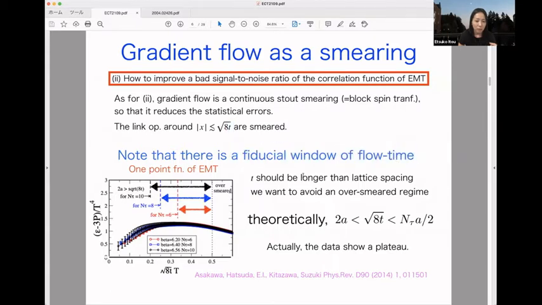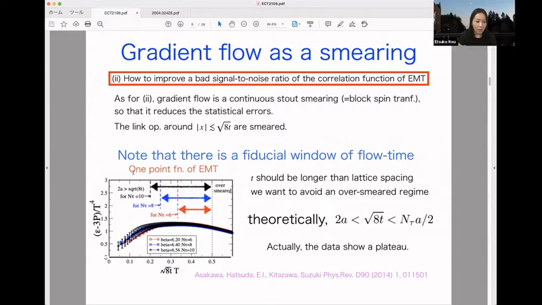The fiducial window is given theoretically by this inequality. Flow time should be longer than the lattice spacing to reduce the lattice discretization effect, and to avoid over-smearing coming from the finiteness of the lattice extent, the flow time should be shorter than half of the lattice extent.